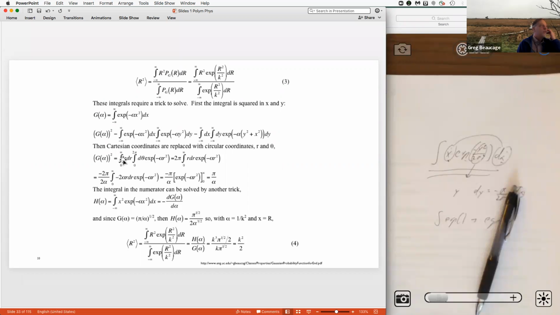And so there you have your r squared and r, and then you can solve that, right? And the solution to g alpha squared is pi over alpha. That means that the solution to g alpha is the square root of pi over alpha. And remember, alpha is 1 over 2 sigma squared. So the square root of that becomes the square root of 2 times sigma, and then square root of pi.